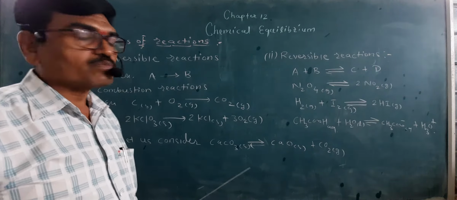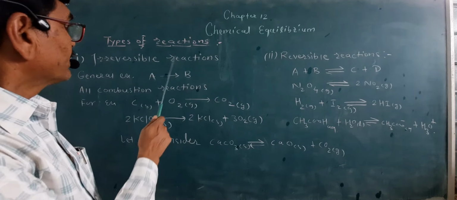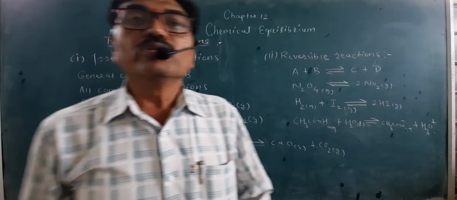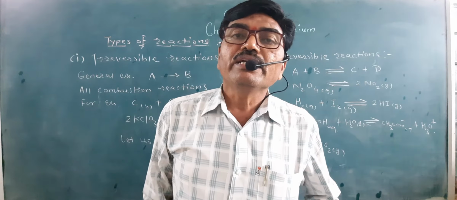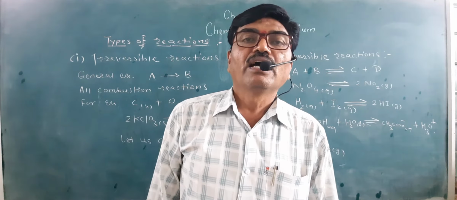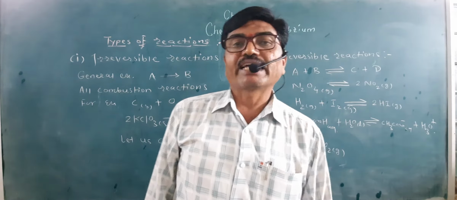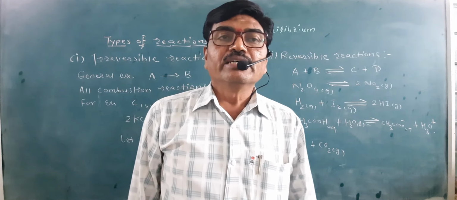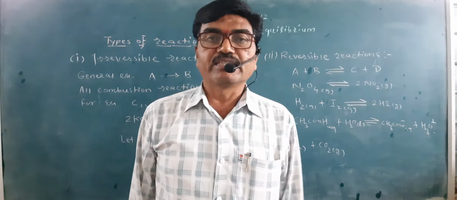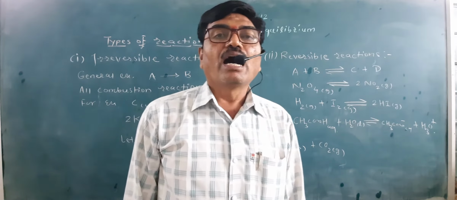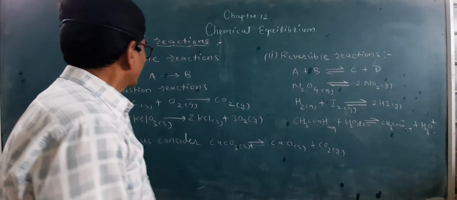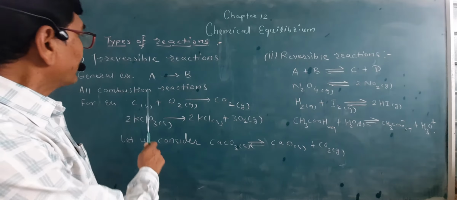So see here. A chemical reaction, or chemical reactions, which occur only in one direction, that is the forward direction, are called irreversible reactions. Try to understand. The reactions which occur in only one forward direction are called irreversible reactions, and they are generally represented like this.